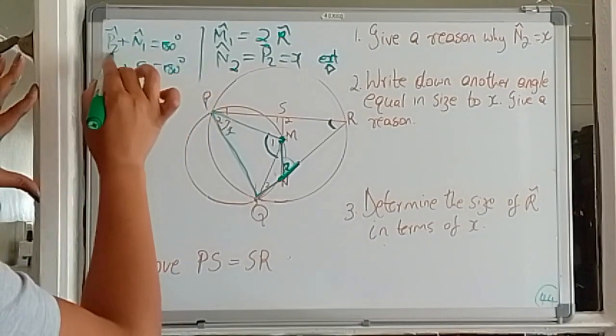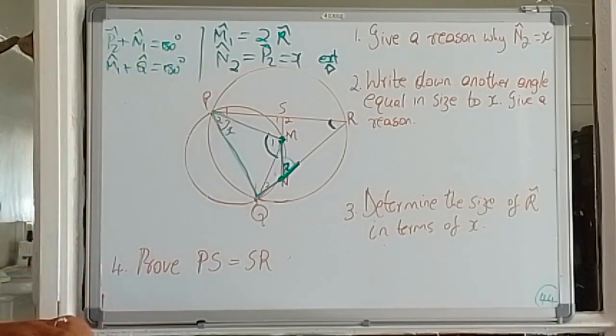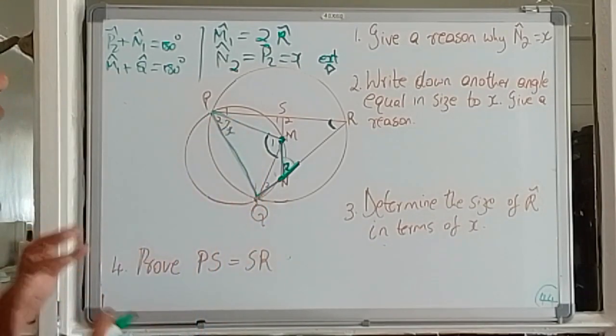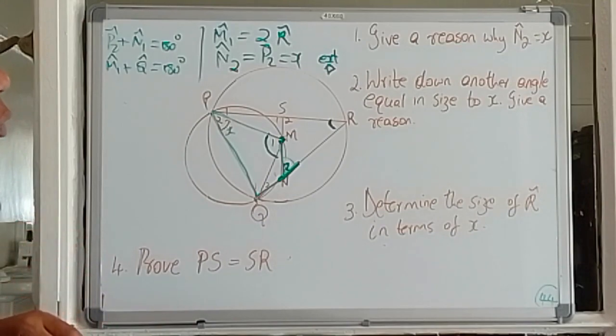There is a theorem that says opposite angles of a cyclic quad are supplementary. And then we were told that QN is produced to meet R, and MN is produced to meet PR, and P2 is X. That's the given information. So let's go for the questions now.